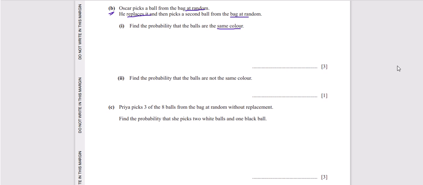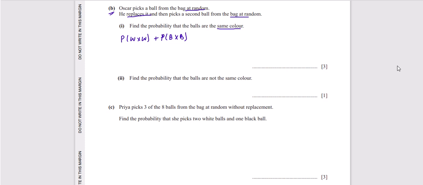Now we are going to find the probability of same color. The required probability is probability of white into white plus probability of black into black.